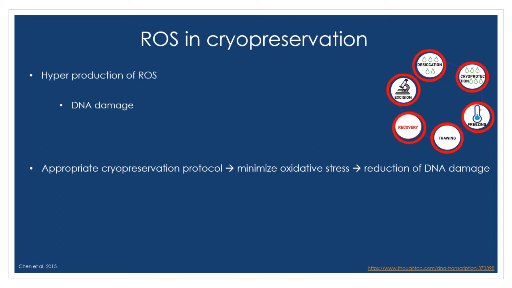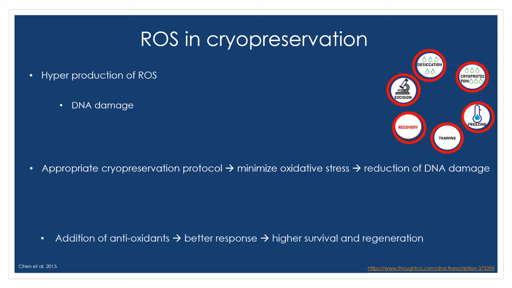And let's touch on the previously mentioned antioxidants with mutant plants, which lack the normal levels of antioxidants within their tissues. Addition of antioxidants can lead to a better response of plants to cryopreservation, which can then lead to higher survival and regeneration.